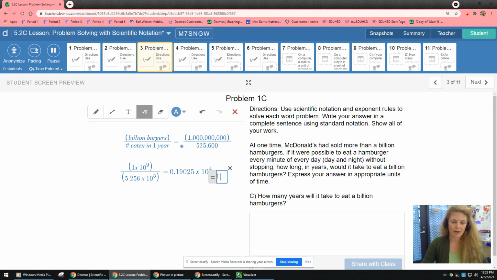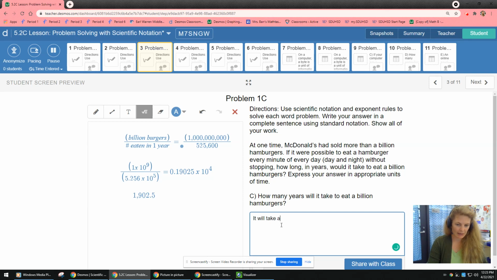But remember, we want to put our answer in standard notation. So if I move the decimal over 4 times, 1, 2, 3, 4, that gets you 1,902.5. So about how many years will it take?